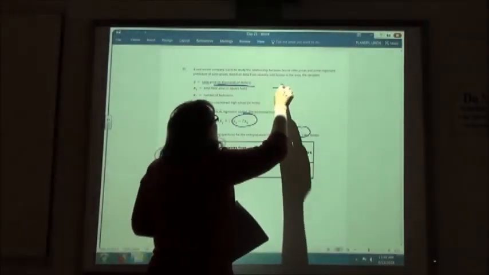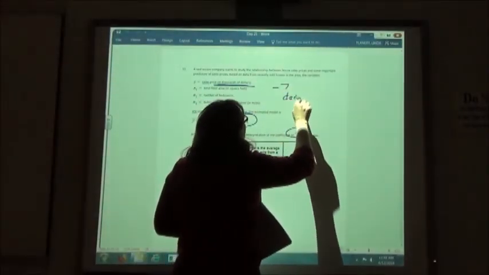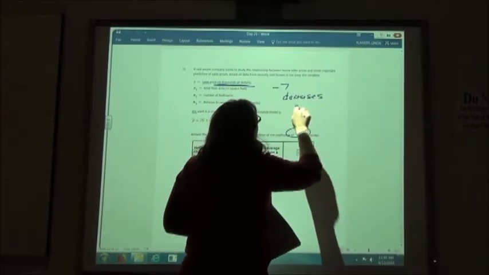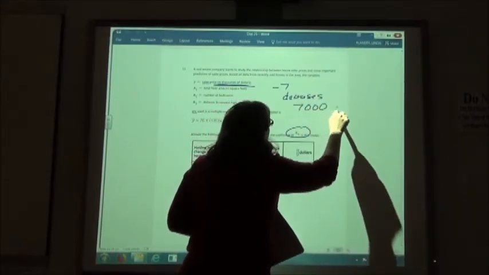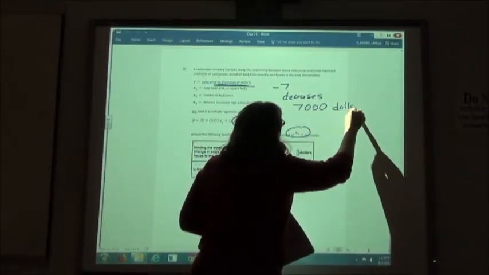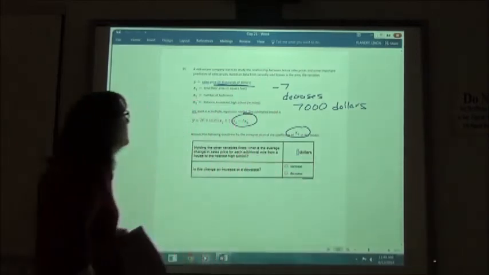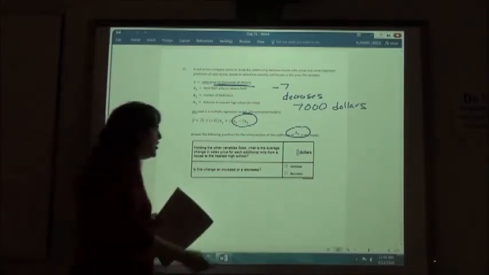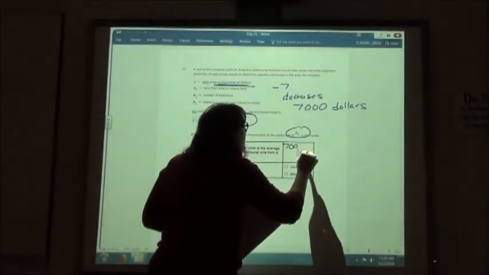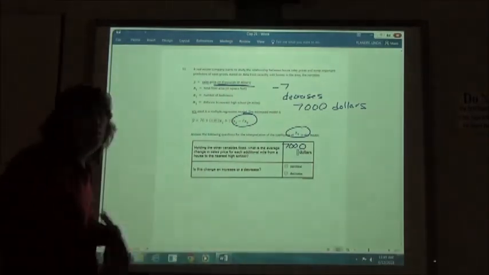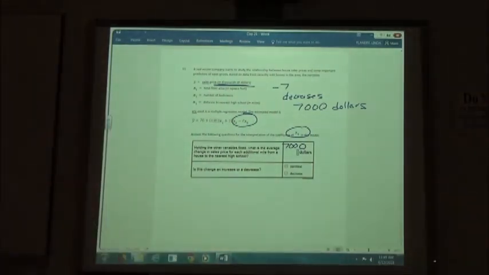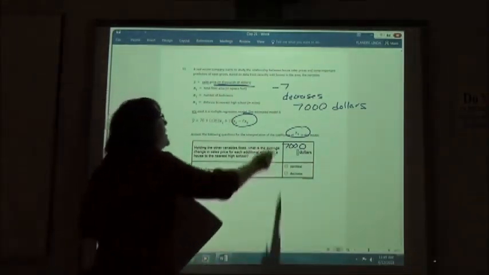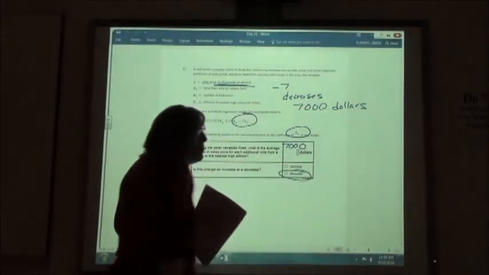That minus 7 means it decreases $7,000 for each change there. So what is my average change? My average change is 7,000 because that was in thousands of dollars. Is that change an increase or a decrease? Well, since that was negative, it was a decrease.